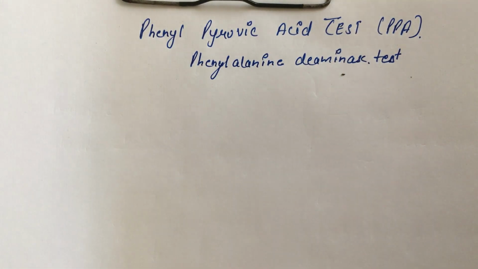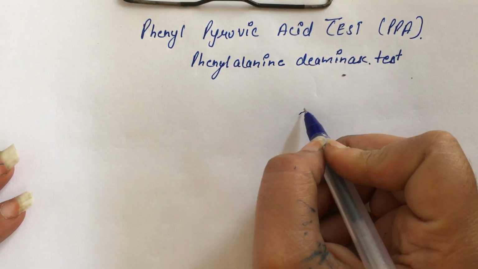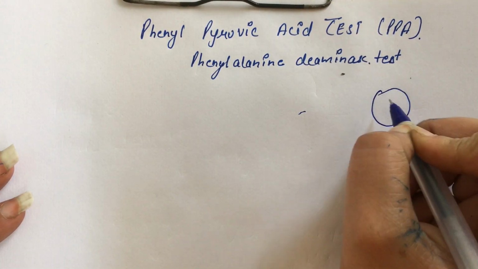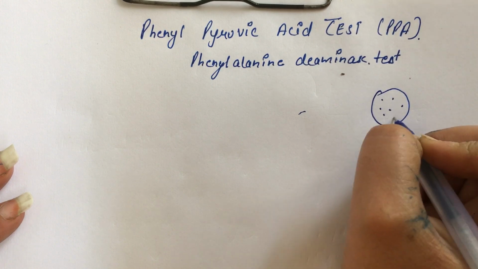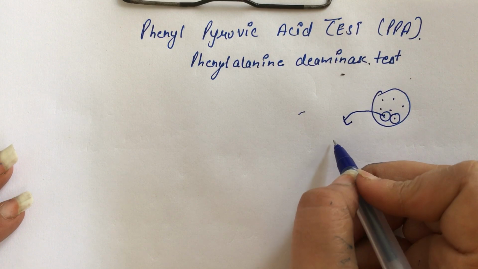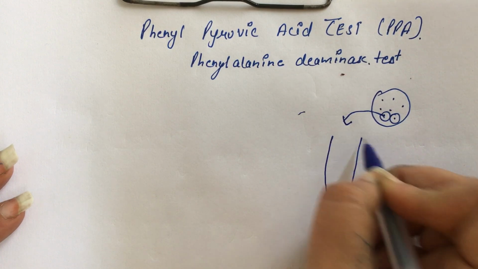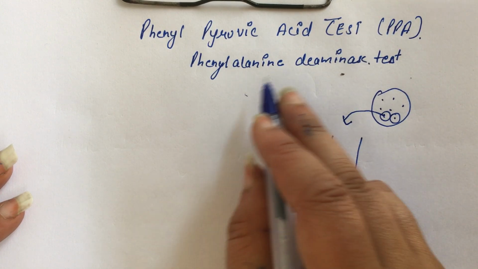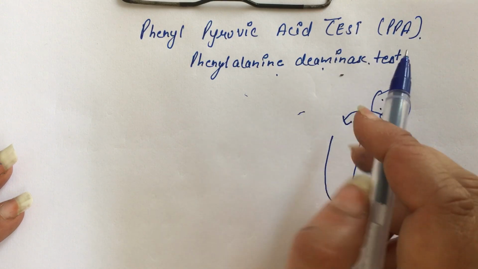When we get our colonies on the petri plate and Gram stain them, the next thing is to take a colony from the petri plate and inoculate it onto phenylalanine PPA medium.